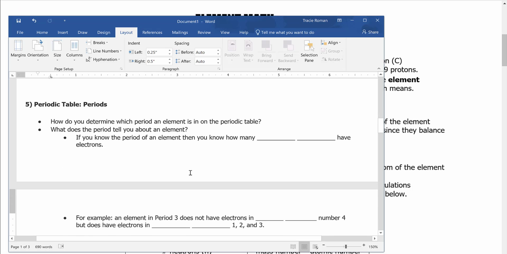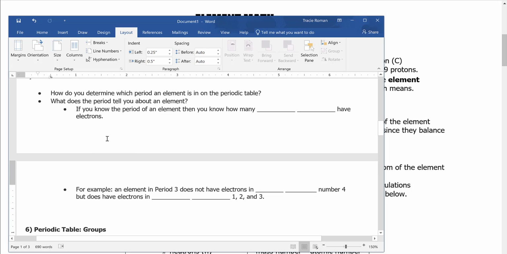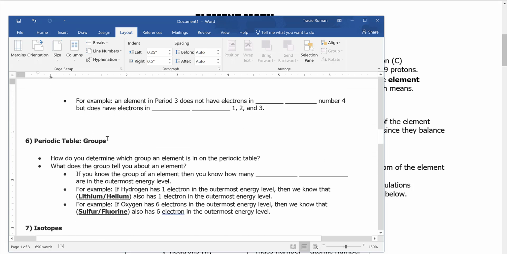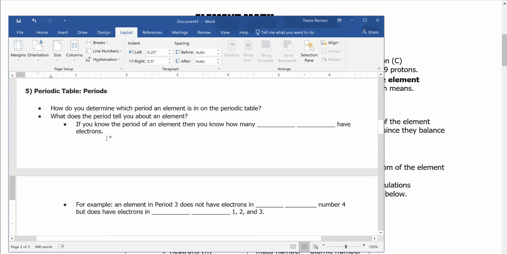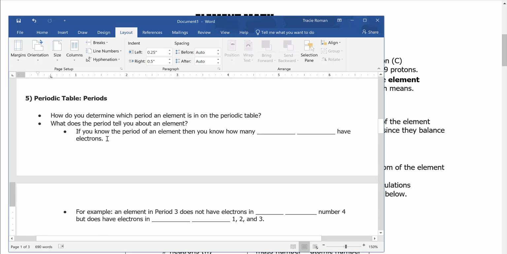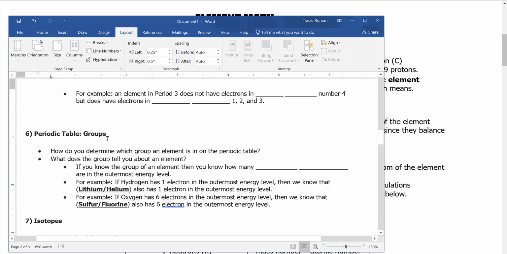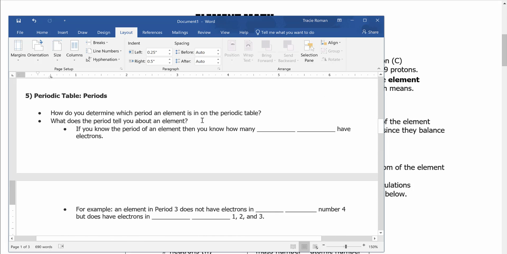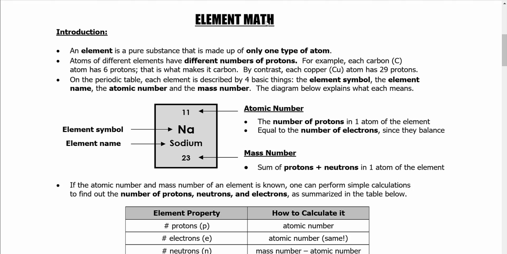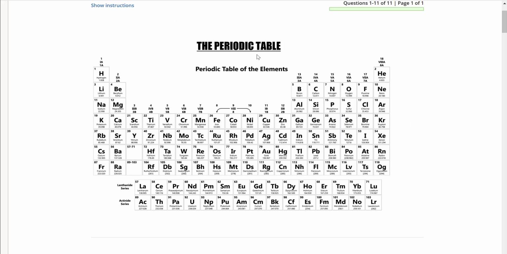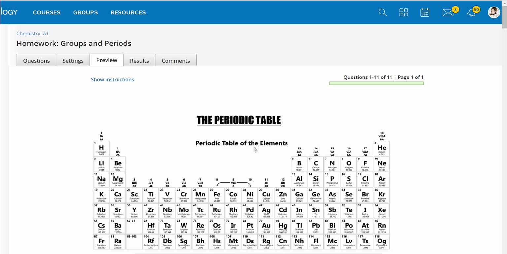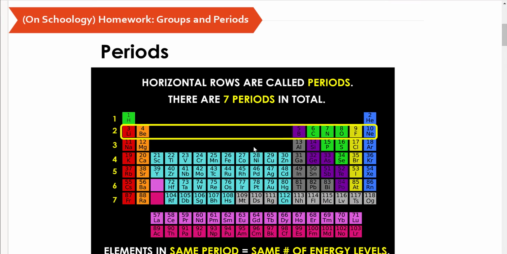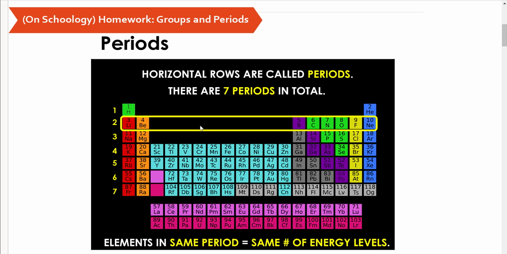All right. This next couple of sections are using the Bohr model atoms to determine which period and which group an atom is in. So if we go back over to Schoology and we go to our groups and periods homework assignment, this homework reviews how to determine what period and group an element is in.